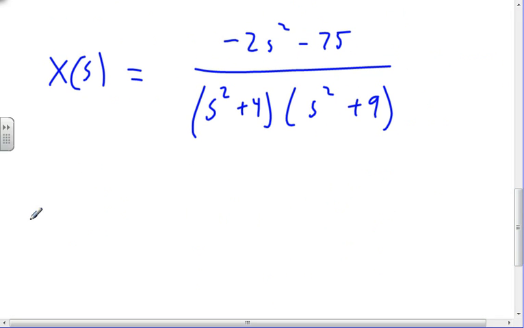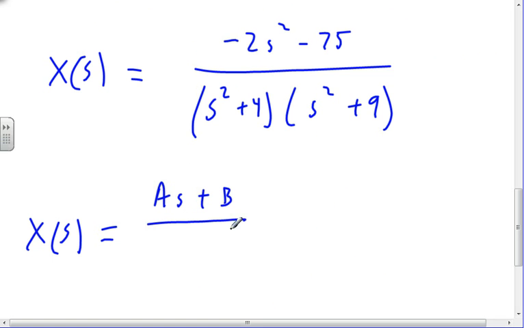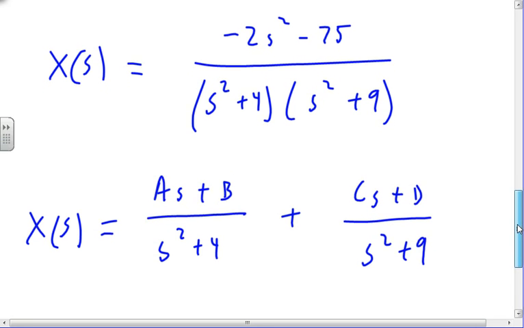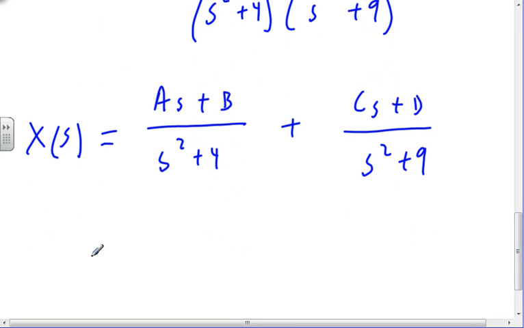and say X of s is As plus B over s squared plus 4, plus Cs plus D over s squared plus 9. Okay, we'll put it under a common denominator again.